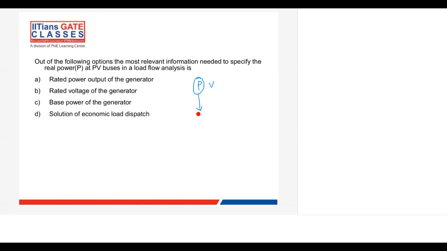P is the actual generation at that bus at that instant. Is the rated power output of the generator P? Not necessarily. The rated output power can be P, but it is not always P.